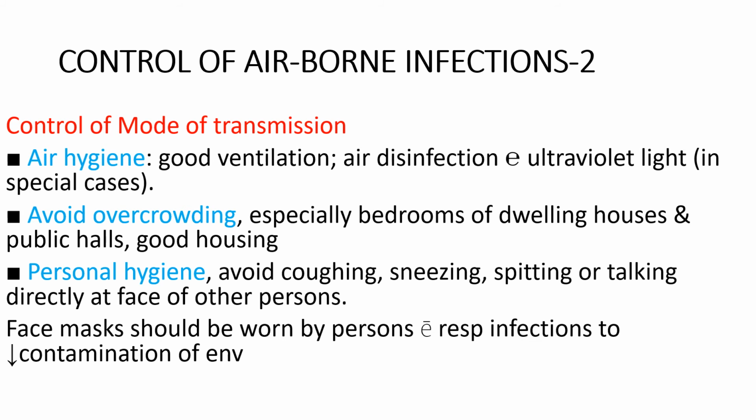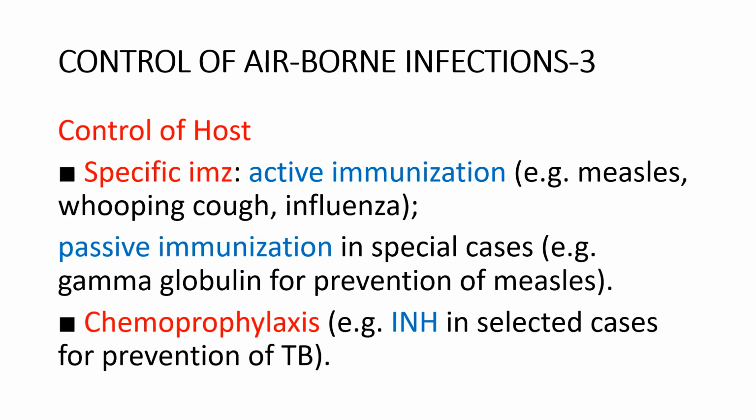Avoid overcrowding, especially bedrooms of dwelling houses and public halls. Good housing. Personal hygiene by avoiding coughing, sneezing, spitting, or talking directly at face of other persons. Face masks should be worn by persons with respiratory infections to decrease contamination of environment.